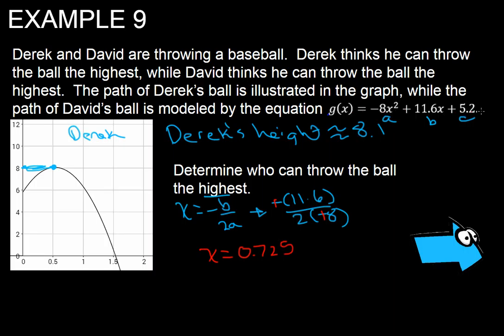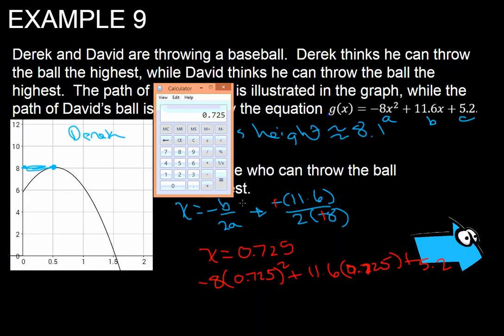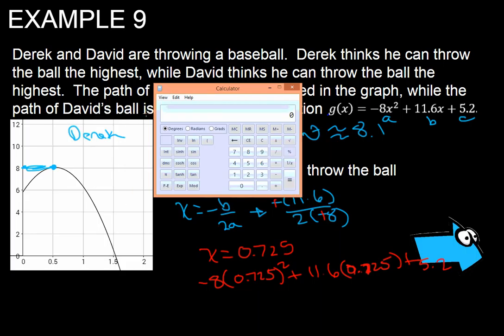And we're going to plug that into this function. So I'm going to have negative 8 times 0.725 squared plus 11.6 times 0.725 plus 5.2. All right, so let's do the math. Let me switch to scientific mode here.